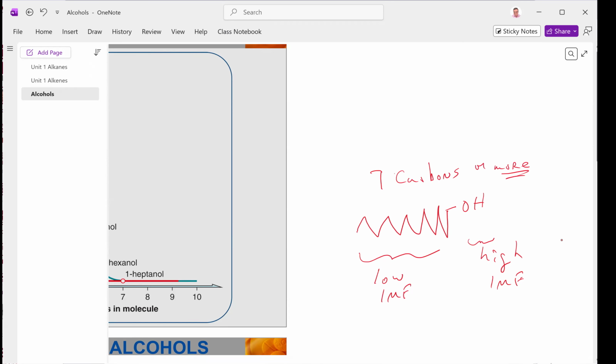So if we have 7 carbons or more attached to that OH group, that'll make that molecule non-polar because the weak have overcome the strong hydrogen bonding in the alcohol.